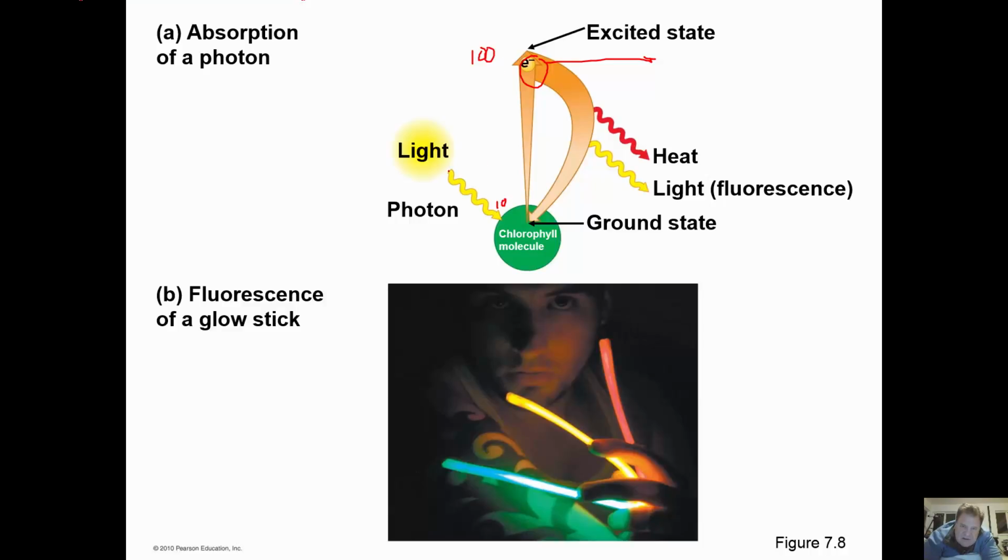The light can bump it up to that higher energy state. To go back down to the original state, it can release heat and it can release light in what we call fluorescence, where we add energy in one form and it converts it into a different form. But ideally, we don't want this light to go back. We want this energy to be used to do work, to do something else.